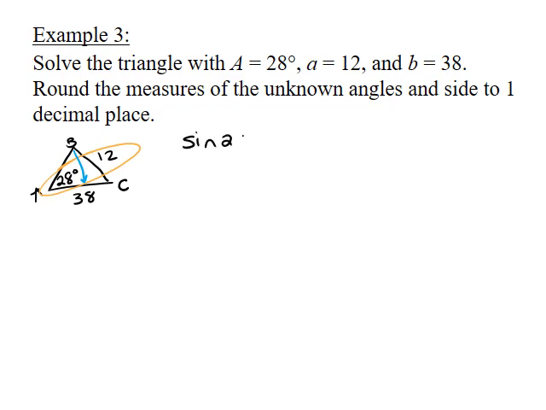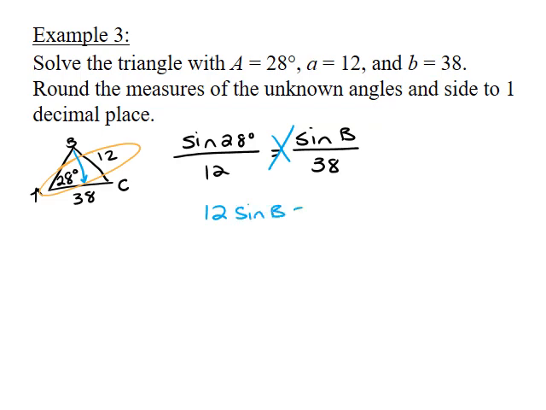So sine of 28 degrees divided by 12 is equal to sine of B divided by 38. When I cross multiply, I find that 12 sine of B is equal to 38 sine of 28 degrees, and then I'll divide by 12.